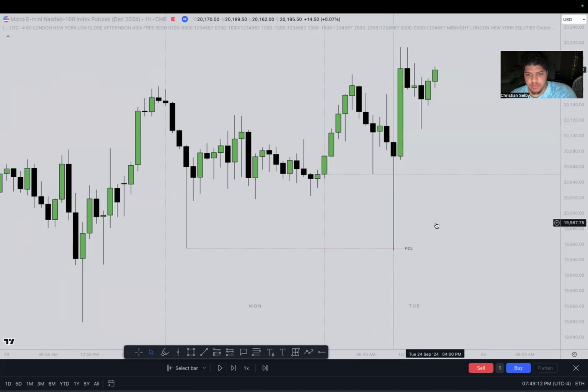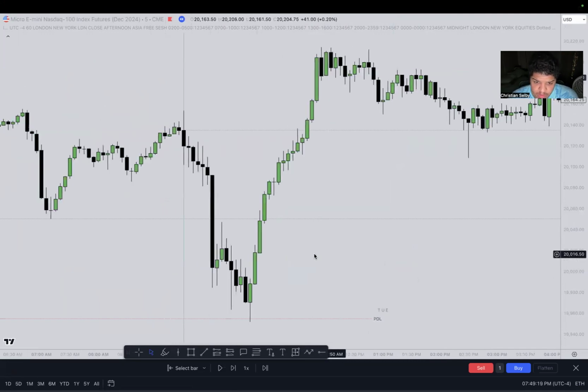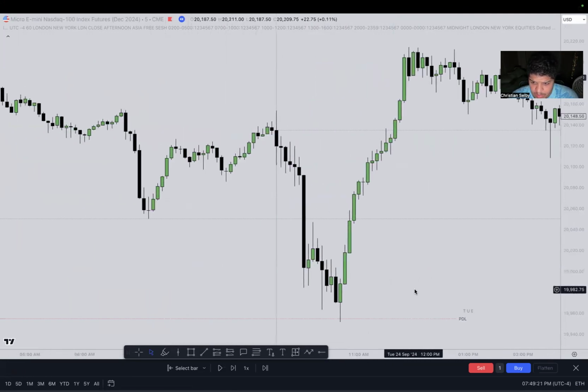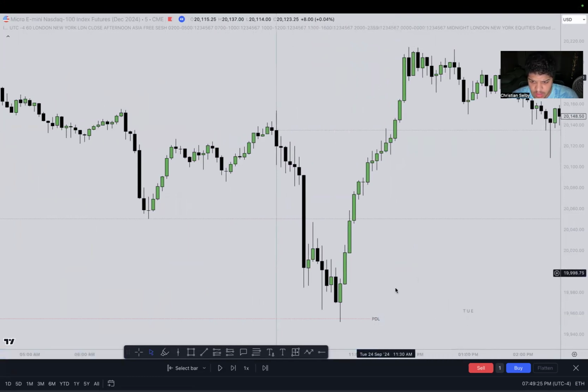So let's cut down to a 5 minute now that we have this all situated. On the 5 minute, how I like to look at it is we do have the PDL, right? And we can clearly see this is our last push, from this bullish point to this lowish bearish point. That is our last push down, right?